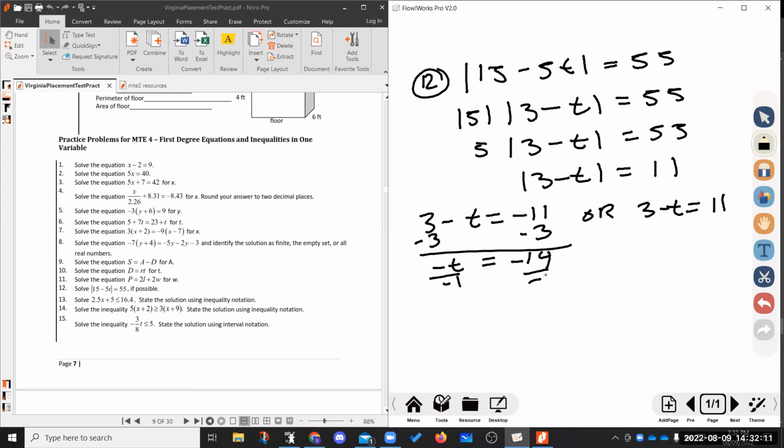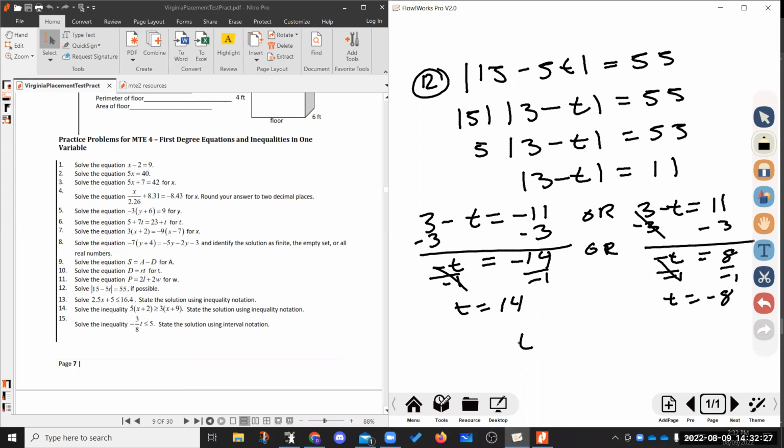Divide by negative 1, t is equal to 14. Or, when I subtract 3 from both sides, negative t is equal to 8. T is going to be negative 8. So my answers are t equals negative 8 or 14.